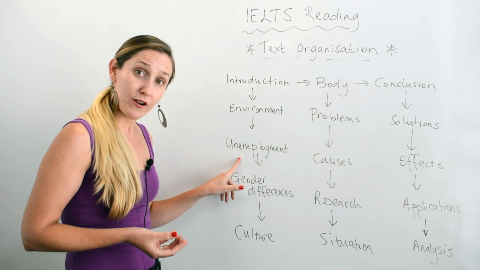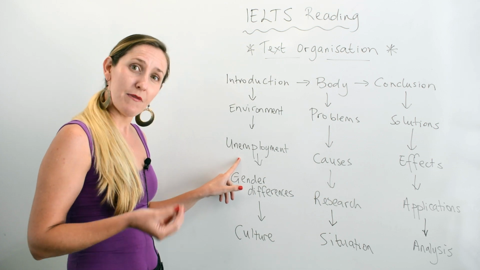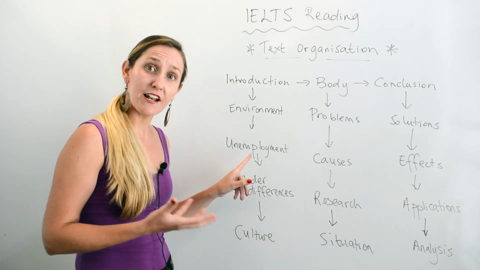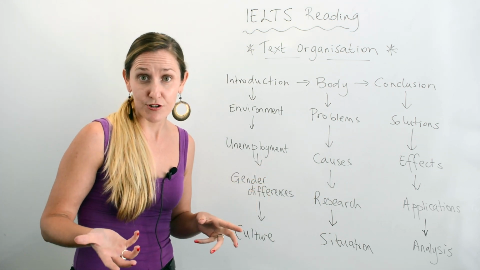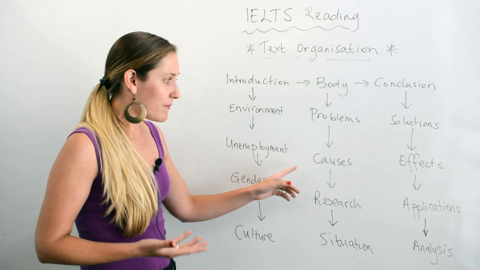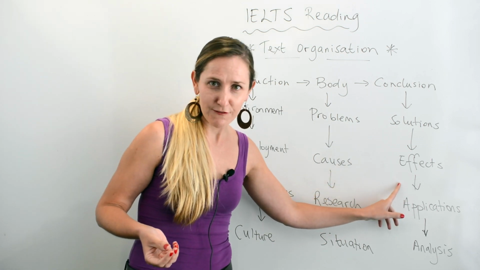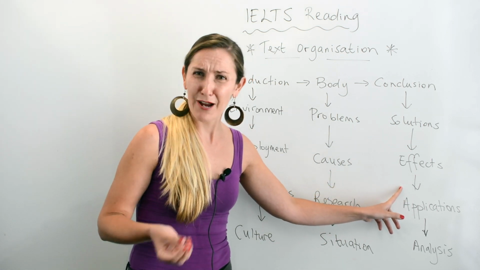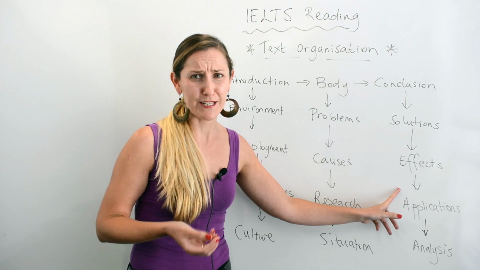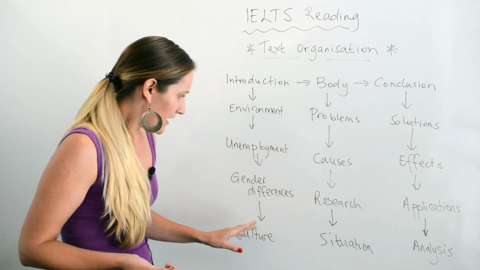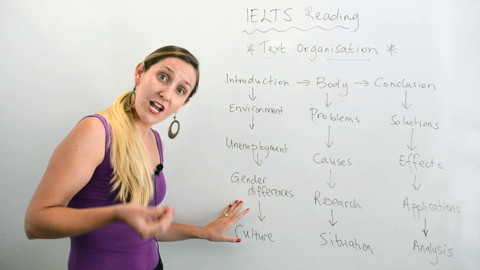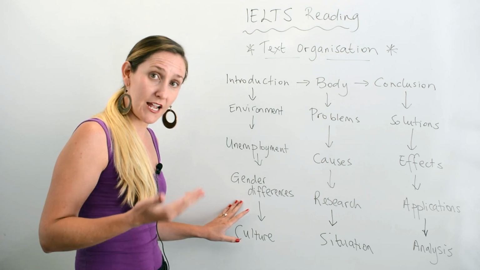Let's imagine that they're talking about unemployment. They might start off by introducing the unemployment rates in many countries around the world today. They then might describe some of the causes of this unemployment and then the effects of this unemployment. Typically, they won't describe the effects before they describe the causes. Maybe they're talking about gender differences between boys and girls.